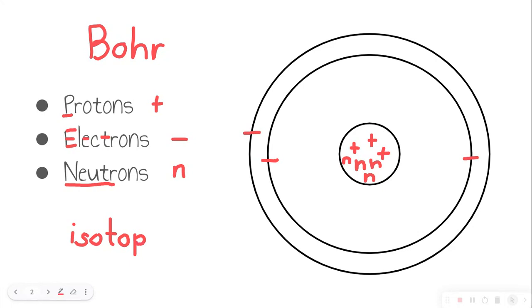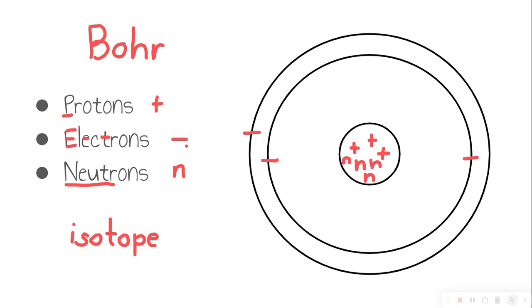Alright, so let's review what we've gone over so far. So we have protons. Protons have a positive charge because P is for proton, P is for positive. We have positive protons. These are found in the nucleus of the atom, the nucleus or the control center. The number of protons is going to determine which element this atom is making up. We have electrons.